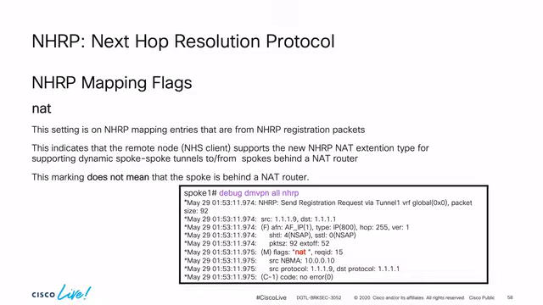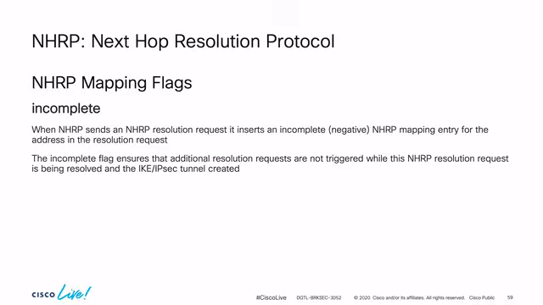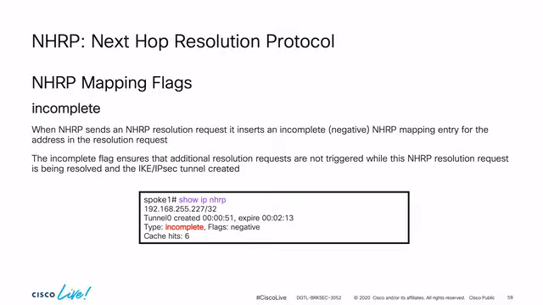Another interesting flag within the NHRP mapping flags is the incomplete. So if you were to run the show IP NHRP on any of the spoke routers, you would be seeing a type called incomplete. What this particular flag indicates is that the spoke device has actually sent out a resolution request, and it's still waiting for a response for that resolution request.